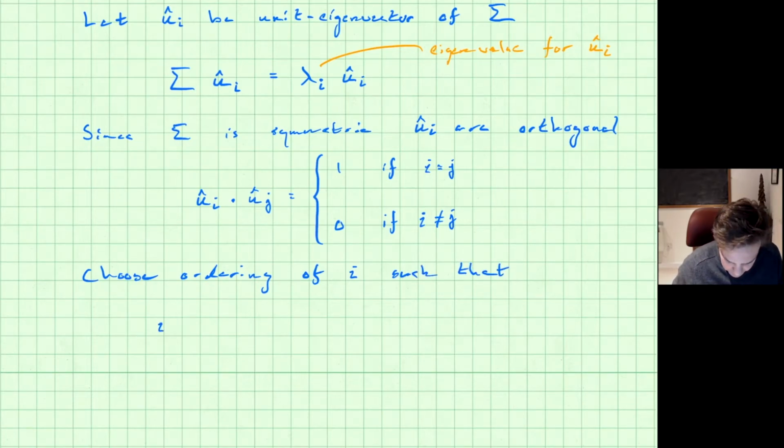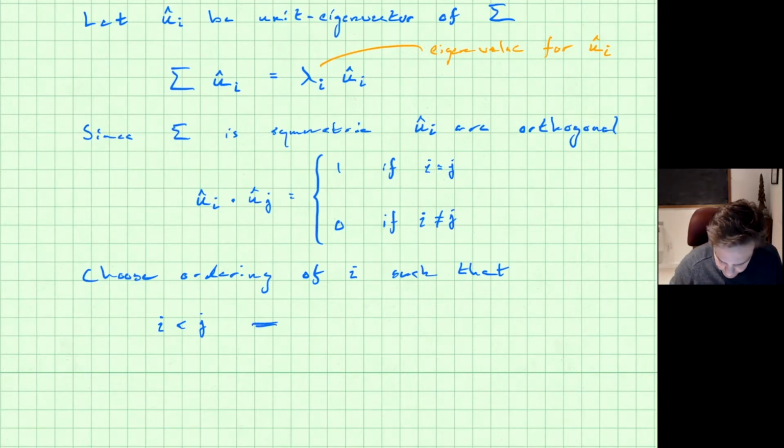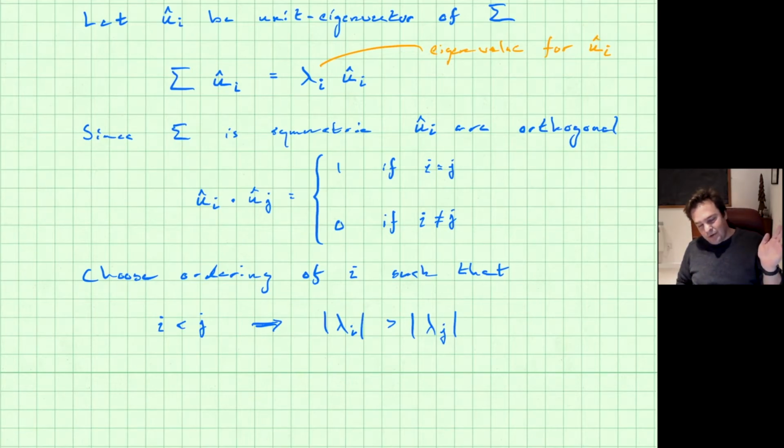If i is less than j, so in other words, this is telling me where do I put u hat 1, that means that the absolute value of eigenvalue i is bigger than the absolute value of eigenvalue j. So the i's are put in order of decreasing absolute value of eigenvalue. All right? Hope that makes sense.